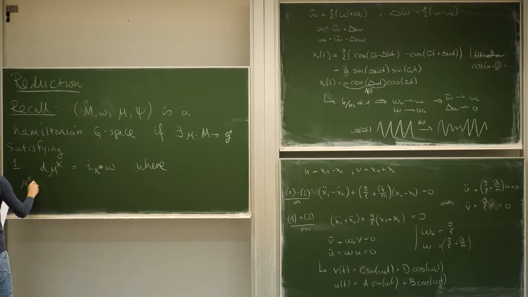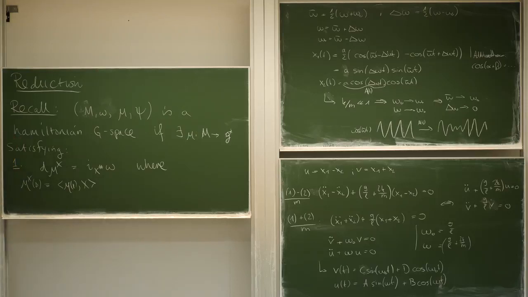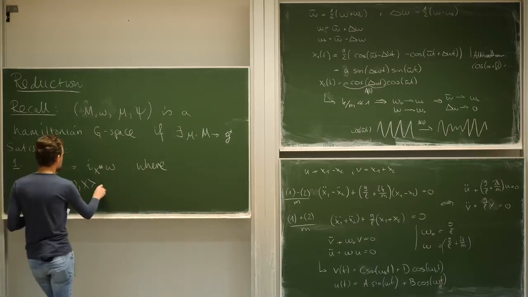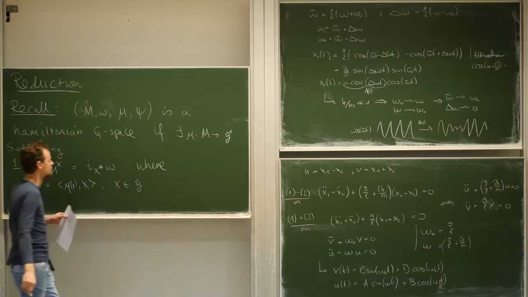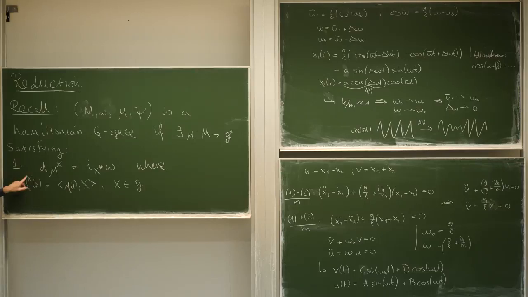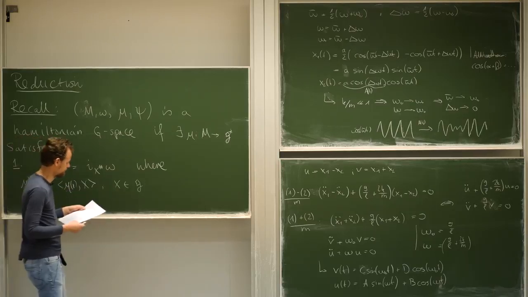And this mu of x at some point p is what you get when you put in an element of the Lie algebra of the group big G. So this is just some function on the manifold M, and it behaves like the Hamiltonian for the one parameter group generated by this element of the Lie algebra.